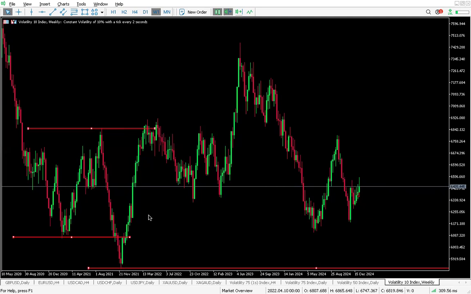So now we should look for our stairs, or our steps, to be higher and higher and higher, because that is what signifies a bullish move. So note down that your monthly is telling you it is a bullish move, and your weekly is also telling you it is a bullish move. Today I'm not going to talk about entries.